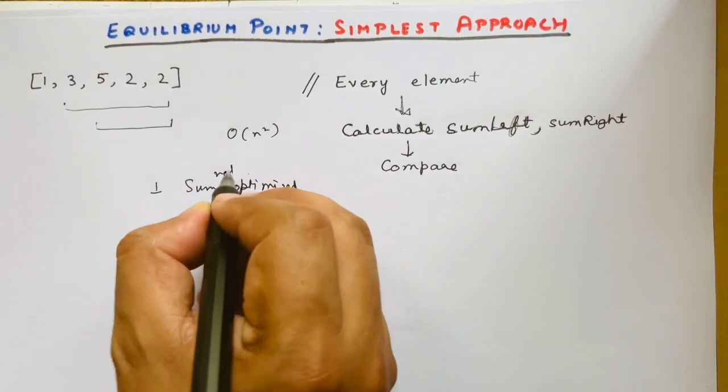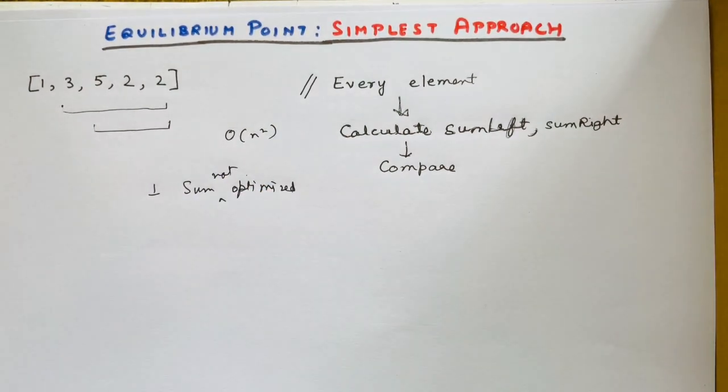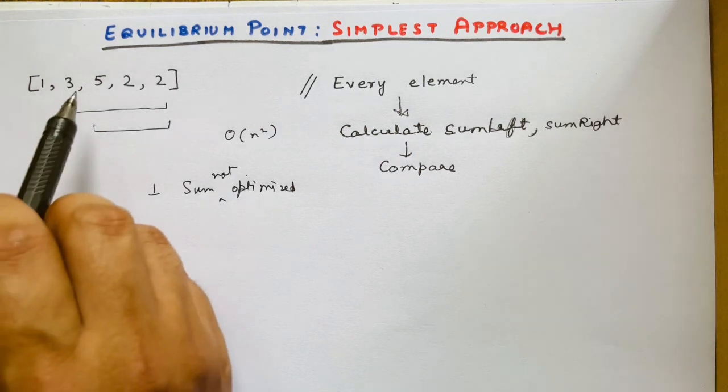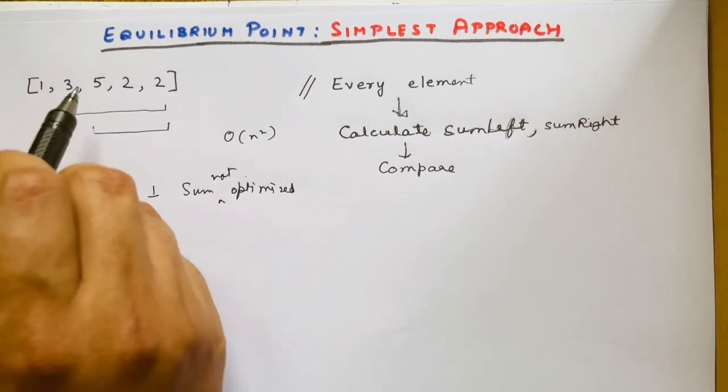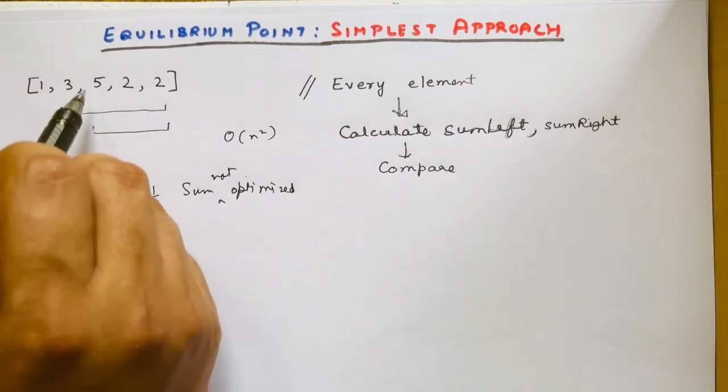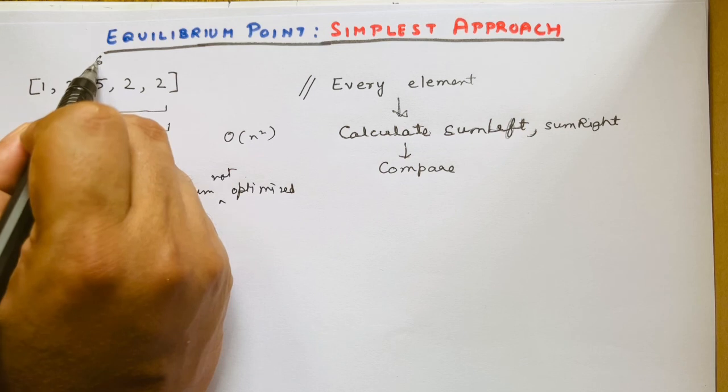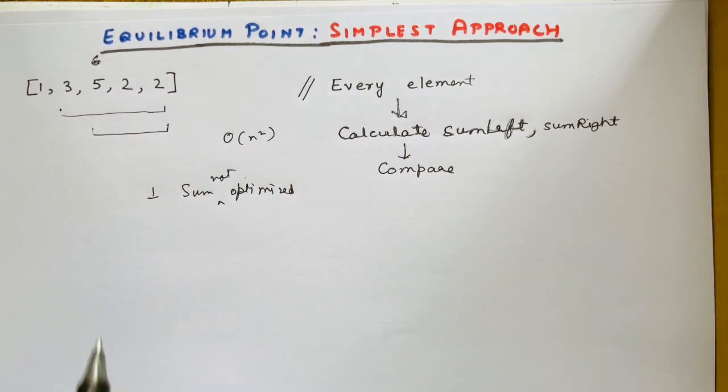Secondly, let's see. In this example, we know that we get the answer at 5. But let's say if this 5, we would have 6 instead of this 5. Now in that case, we will not get the answer at 6.